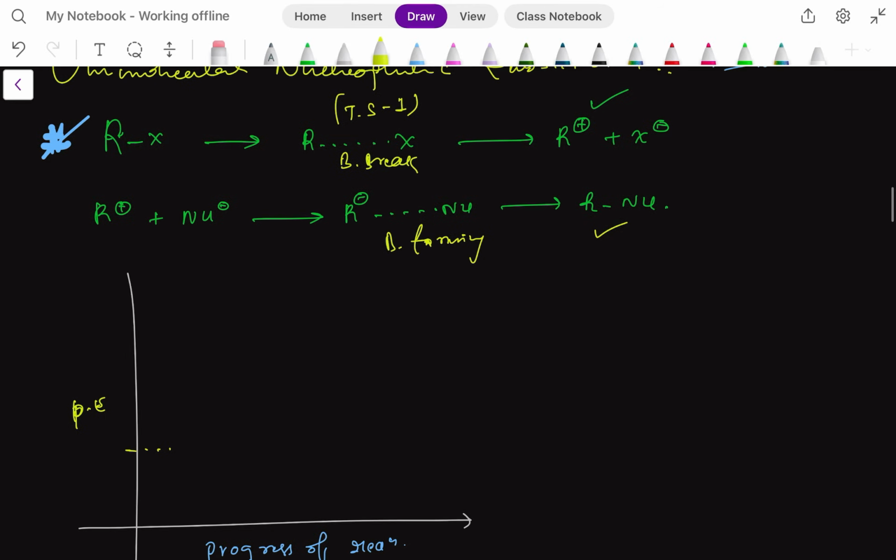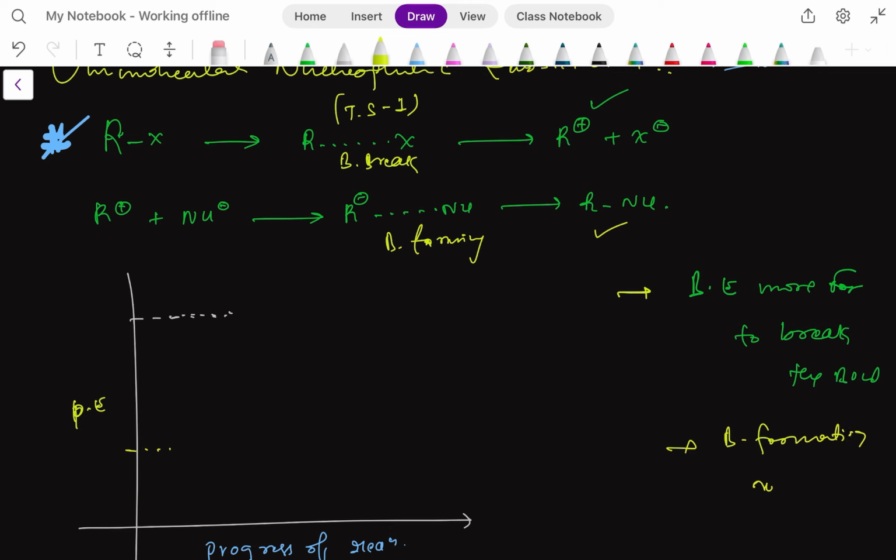With respect to this I am trying to draw the structure. Now you tell me, I mentioned bond energy is more for what? To break the bond. Therefore more energy is needed, and I am mentioning it on the transition state. When it comes to the second point, bond formation does not need that much energy.